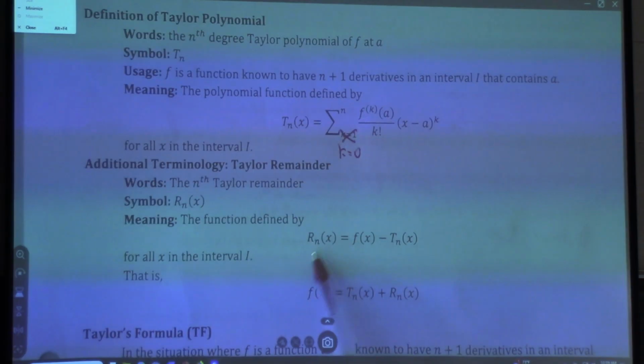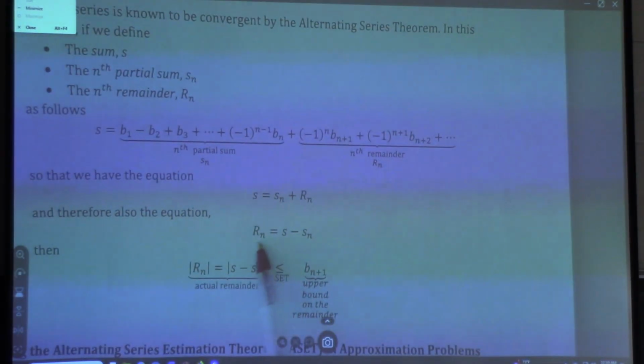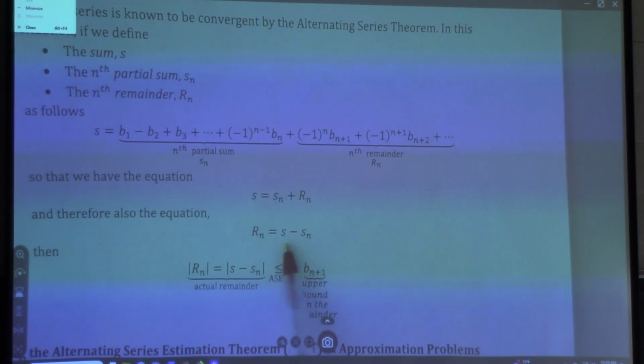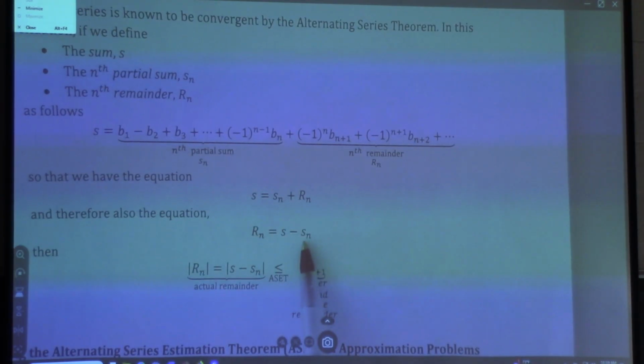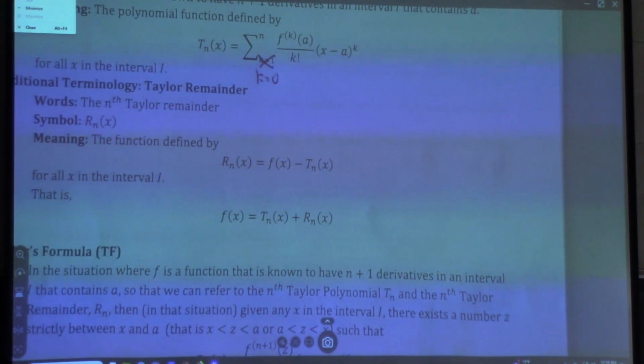This is the difference between the actual function and this Taylor polynomial. On the previous page, R was the difference between the whole series and an nth partial sum. Here, we're taking the difference between a function and the nth partial sum.